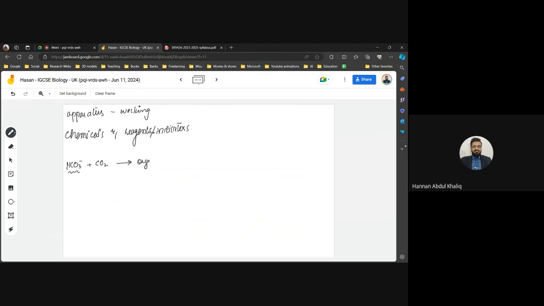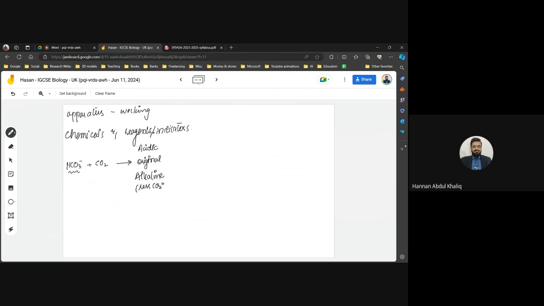One is the original, then another color when the carbon dioxide is high. When the carbon dioxide is high in solution, the solution becomes acidic, so it would change into that relevant color. And if it is alkaline, it means that the carbon dioxide is less.